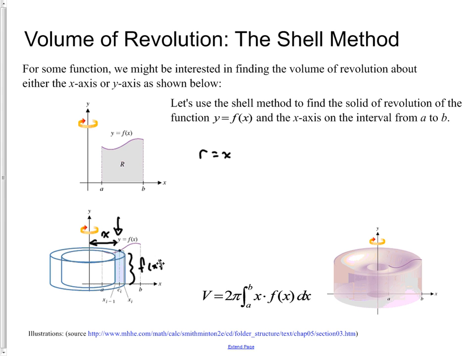Right, so that's our function, h equals f of x. For the thickness of our plate, of course, we're going to call it dx. So thickness is going to be dx, right?